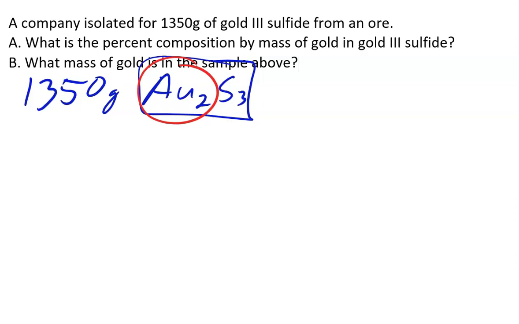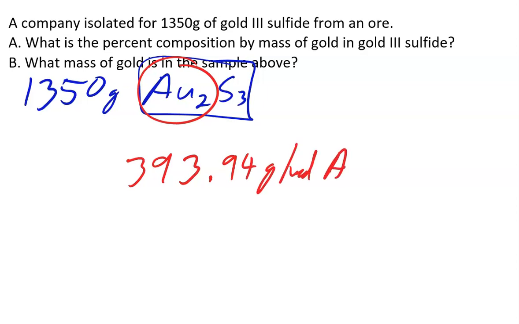Adding it all up, I got 393.94 grams per mole of gold per 490.15.